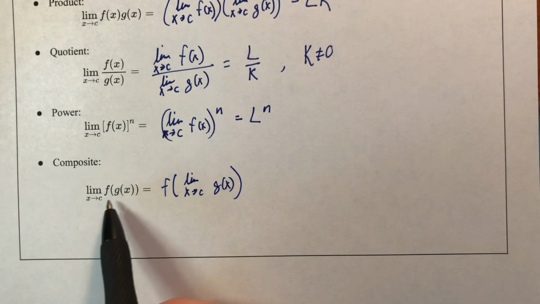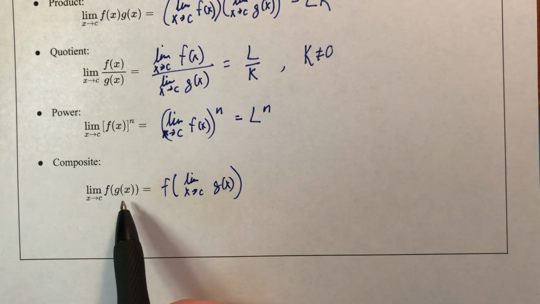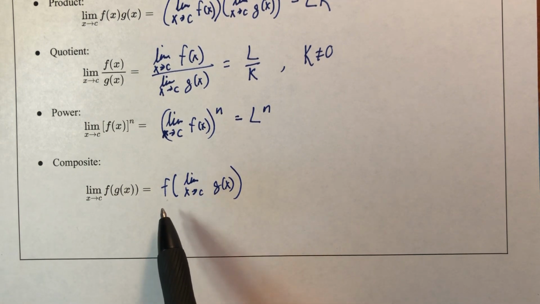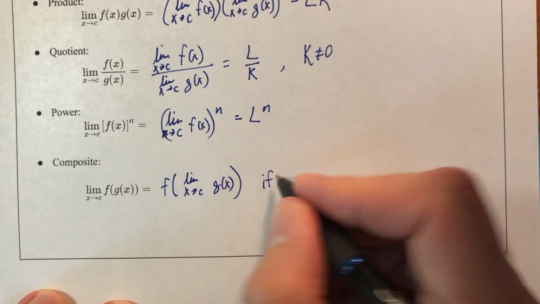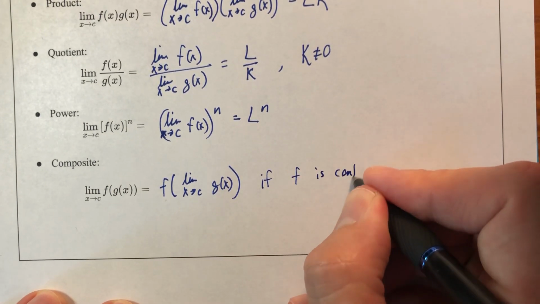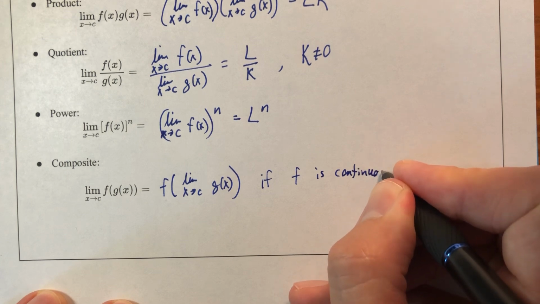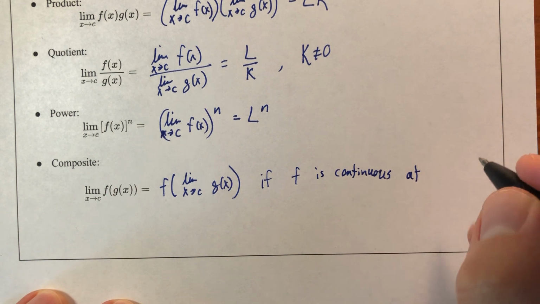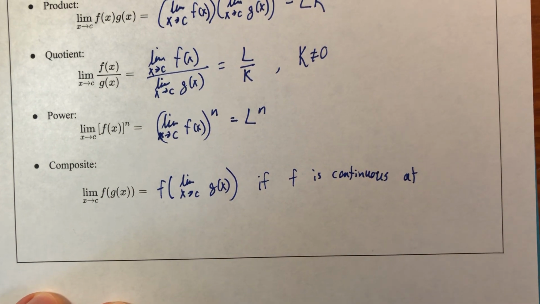We're taking the limit of a composite function. So what we're going to do is actually find the limit of the inner function and use that for the outer function, but that's if f is continuous, and we'll talk about what it means for a function to be continuous.